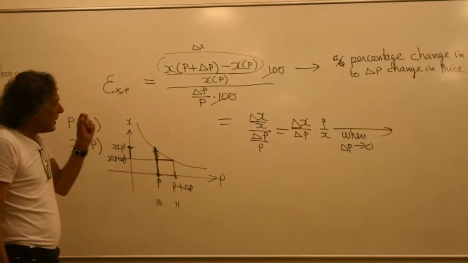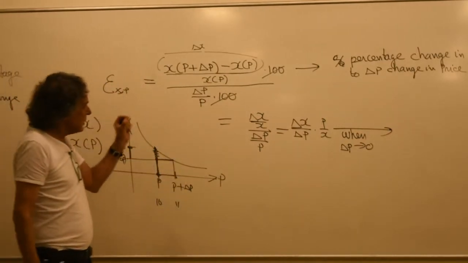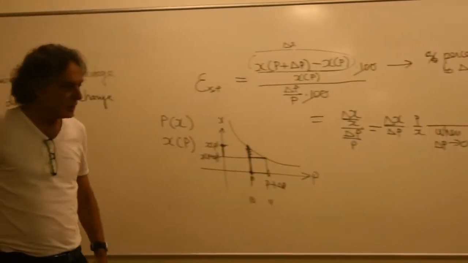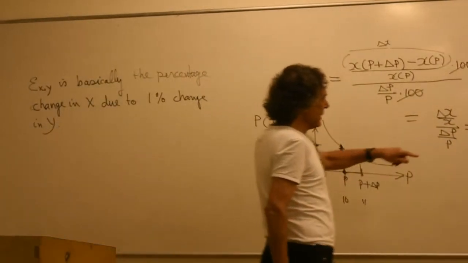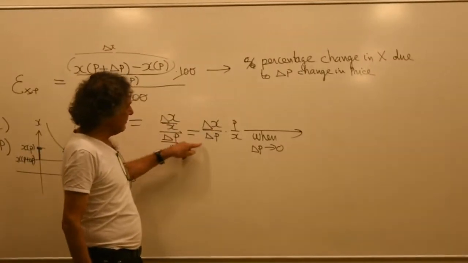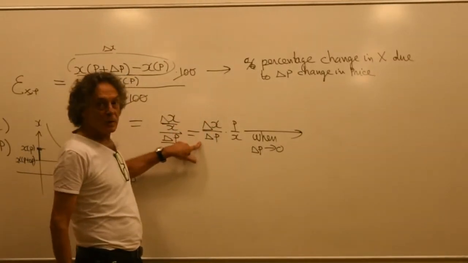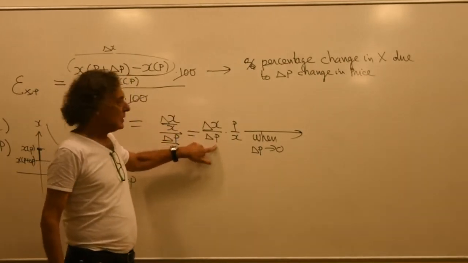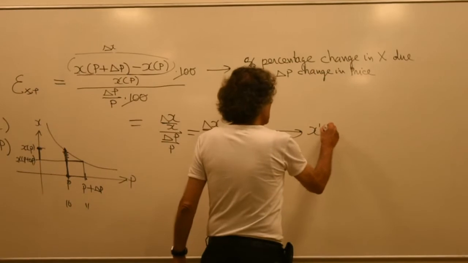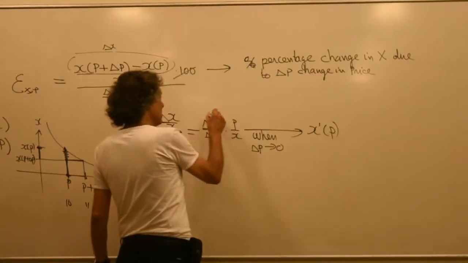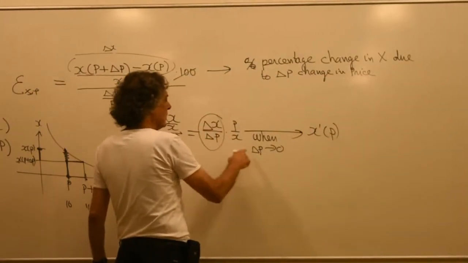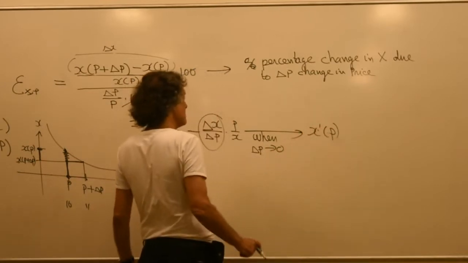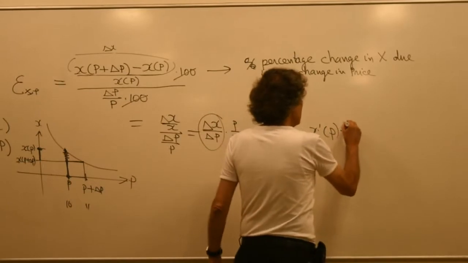So I want it by 1% in percentage, but when I make the change extremely small, then this is how my demand changes with P. So this is X prime of P. This is exactly the limit of delta X over delta P when delta P goes to 0, the derivative of X with respect to P, times P over X.